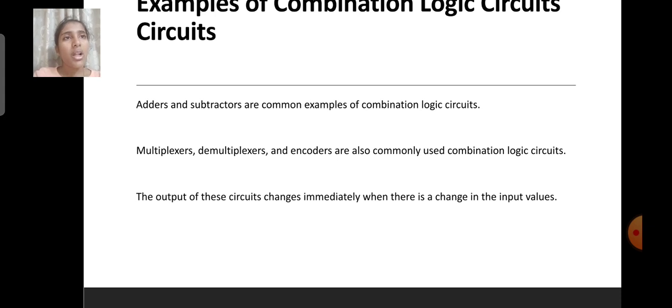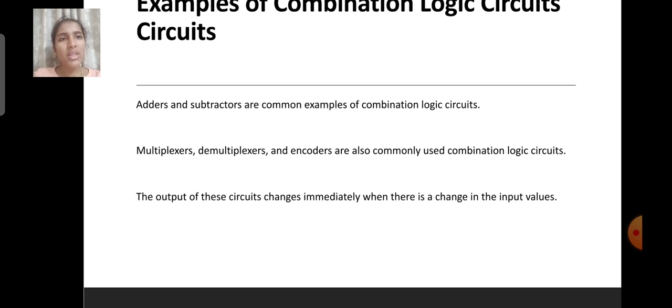Examples of combinational logic circuits. Adders and subtractors are common examples of combinational logic circuits. Multiplexers, demultiplexers, and encoders are also commonly used combinational logic circuits.